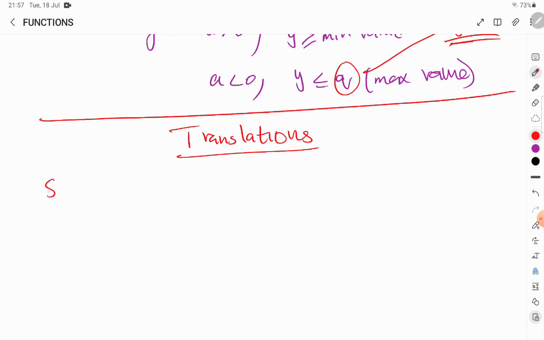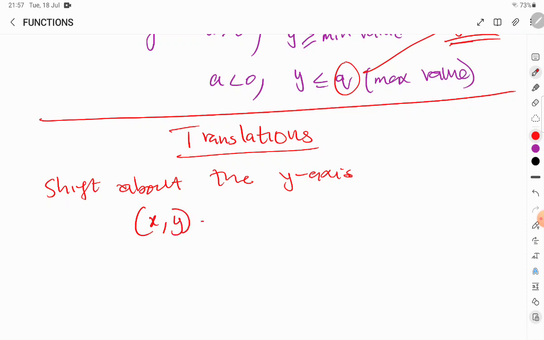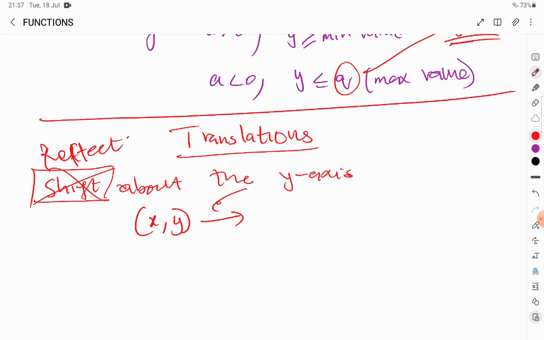If you reflect your function about the y-axis, this would mean one thing. Shifting is when you're moving it to the left, the right, up, or down. But this is a reflection about the y-axis.